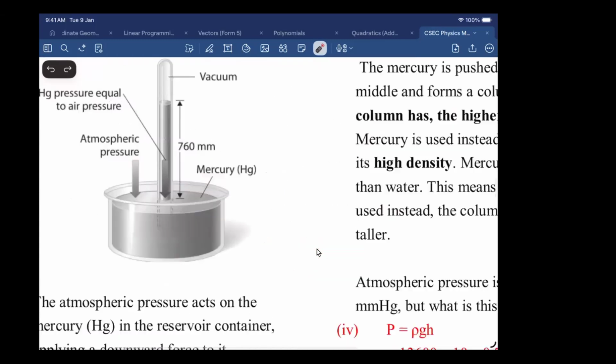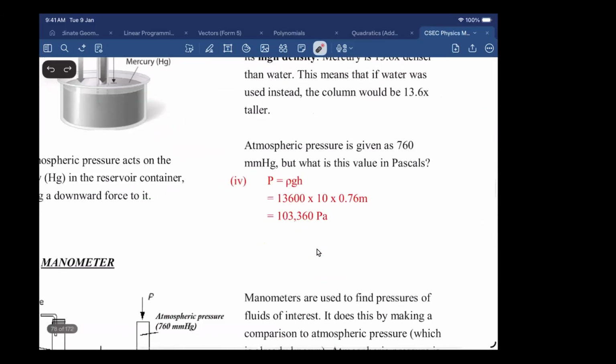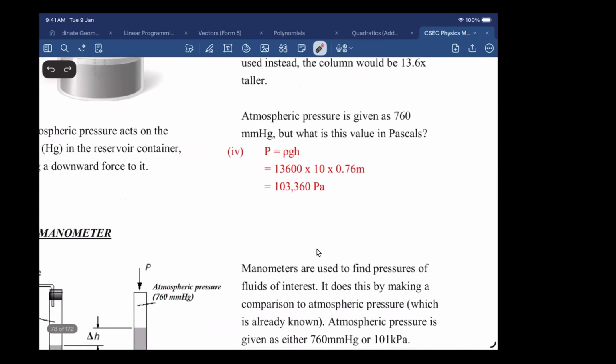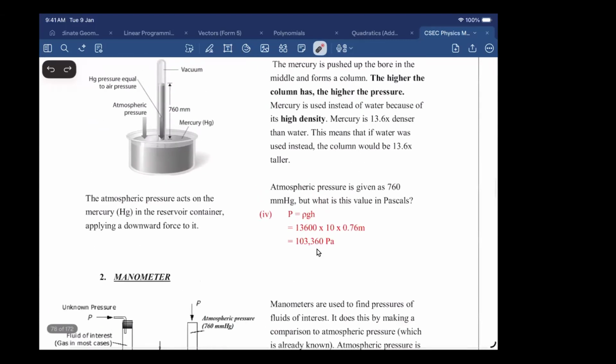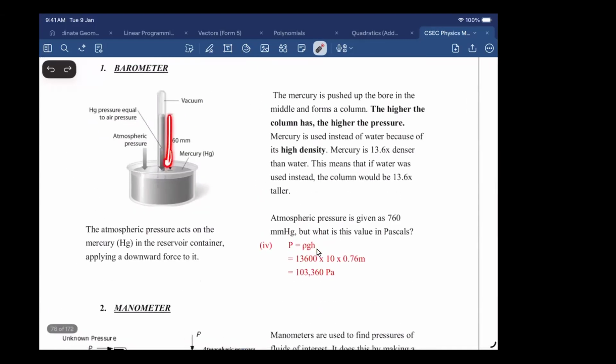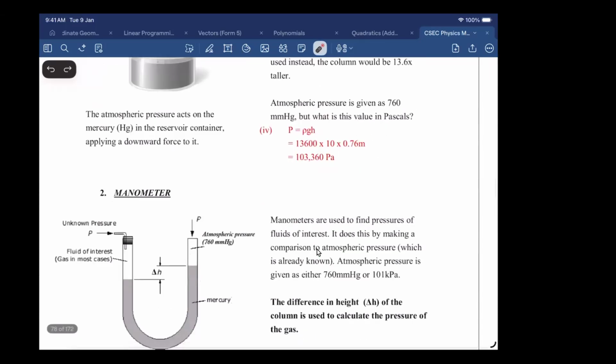And they get that from over here, right? 760 millimeters is 0.76 meters. So the pressure is 103,360. That's the pressure this is experiencing. You understand? Yes, sir. Okay, good.